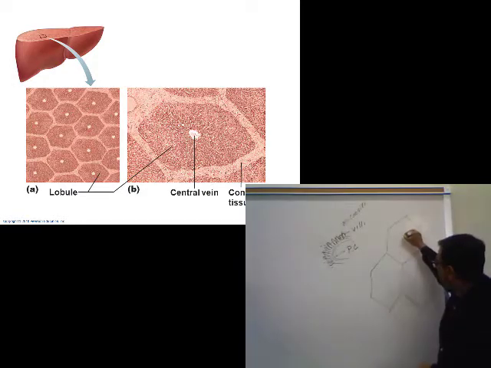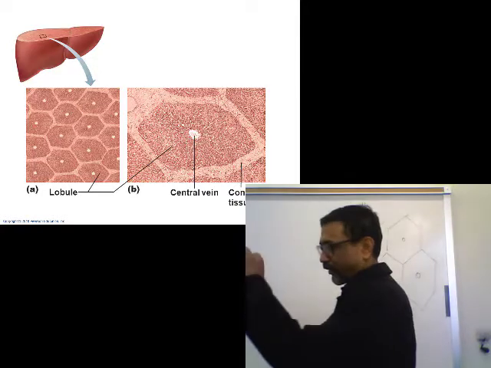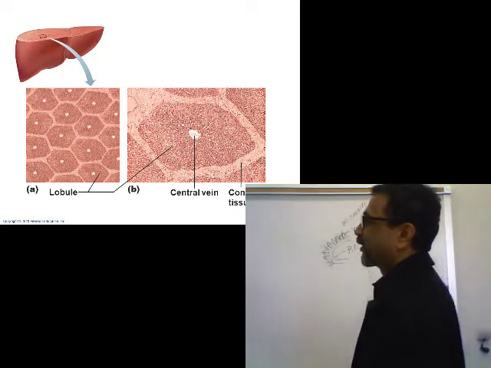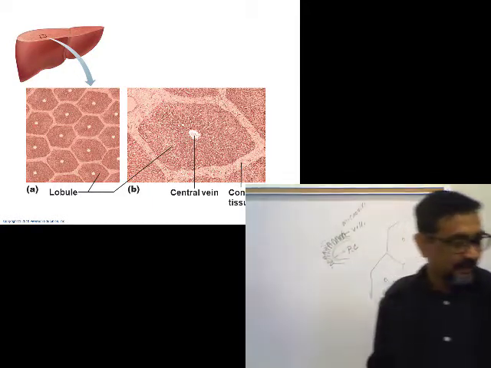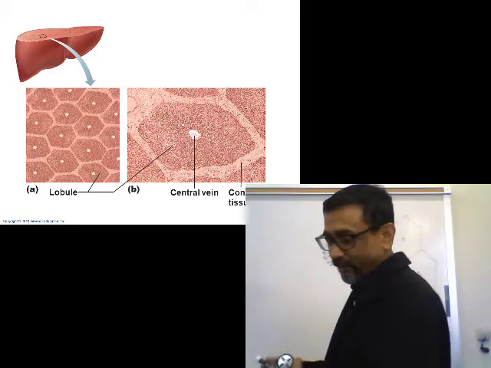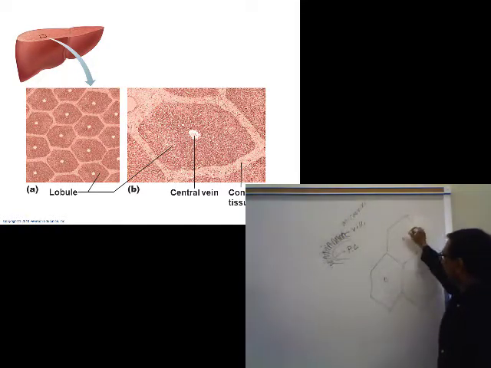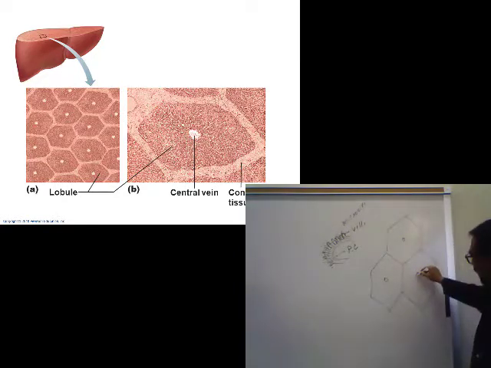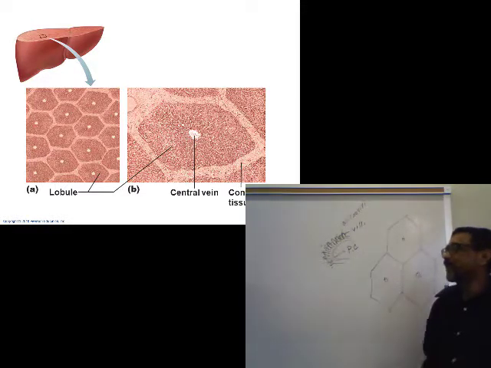In the center of each lobule, you have an opening for the blood vessel, and the name of that blood vessel is the central vein. So here you see many hexagons, and inside the center of each lobule you have the opening for the central vein.